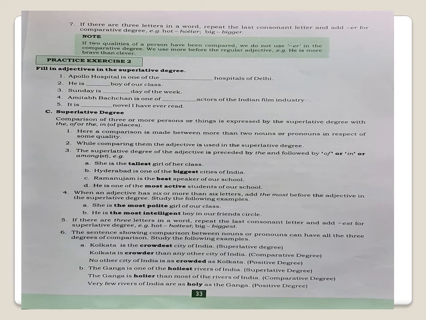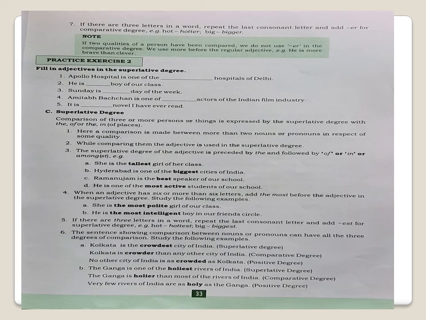The superlative degree of the adjective is preceded by the, and followed by of, in, or among. These are the words: of, in, or among. She is the tallest, the is the preceded word, and tallest is the superlative form. Hyderabad is one of the biggest cities of India.